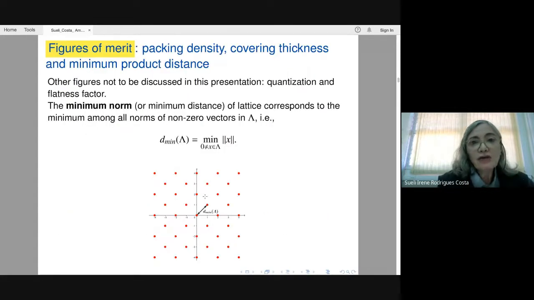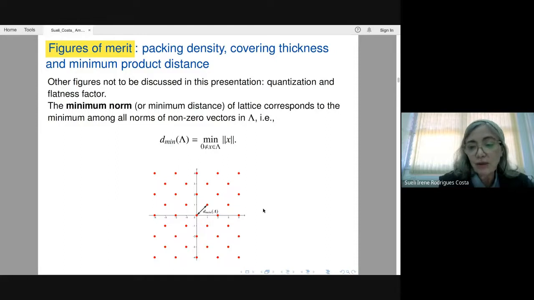Other figures of merit for a lattice are the packing density, the covering thickness, and the minimum product distance. The minimal norm of a lattice corresponds to the minimal distance between any two points of the lattice, because since we can translate in the lattice, this is the same as the minimal distance from one point of the lattice to the origin, right?